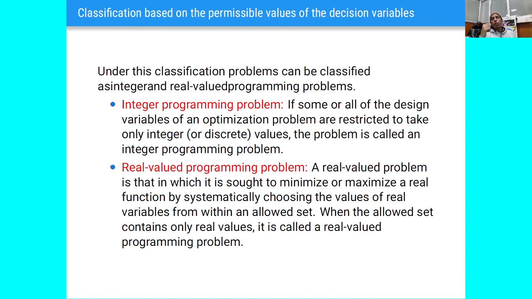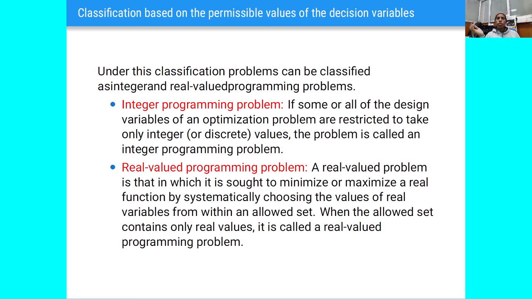When we are optimizing the production of tables, what will happen? The production of tables cannot be a fraction, like 4.5. Either it will be 4 or it will be 5. It cannot be 5.1. It will be either 5 or 6.